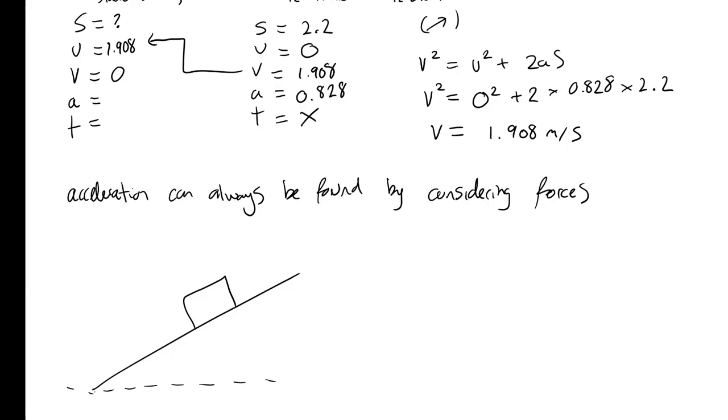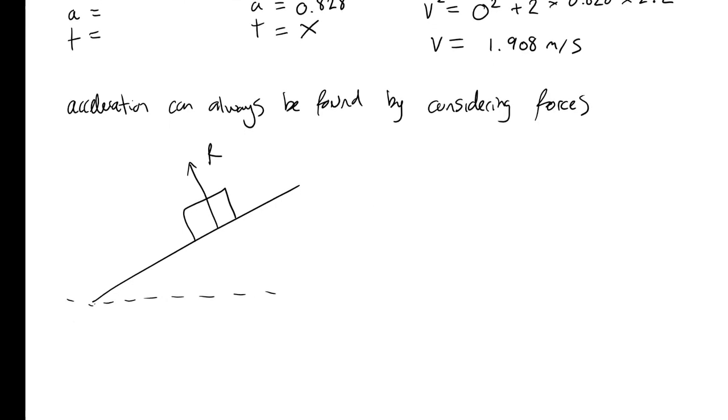So the only forces acting on it would be the reaction force and its weight, so that's 3.2 g. If weight's the only thing acting on something on a slope, it's definitely going to end up accelerating down or decelerating up, they're the same thing.